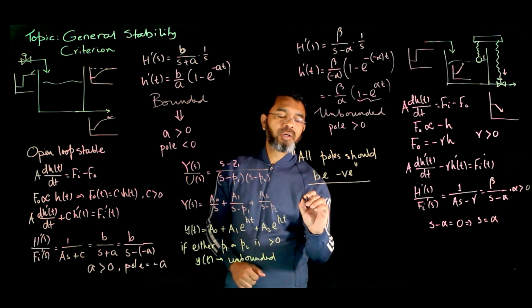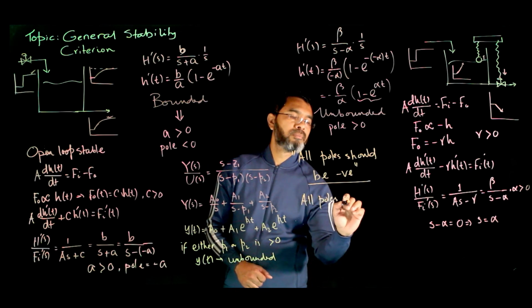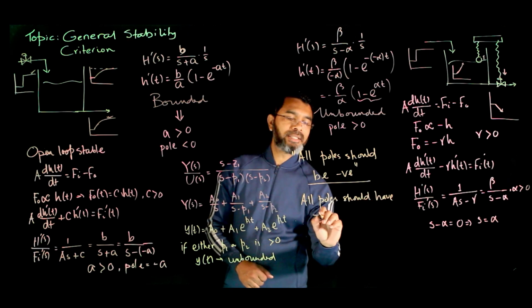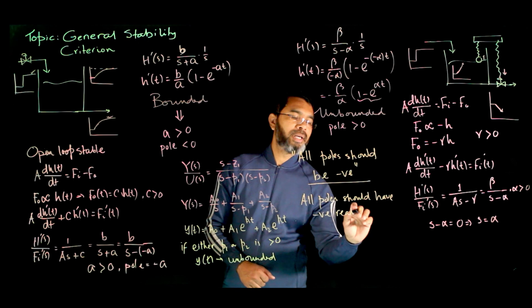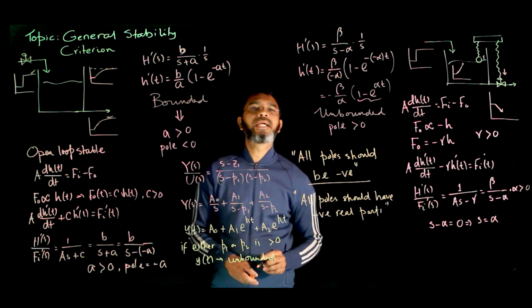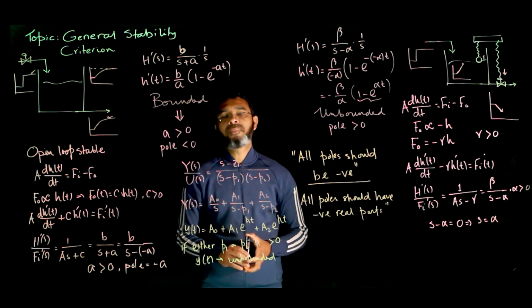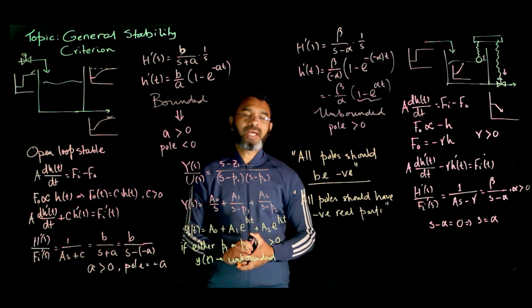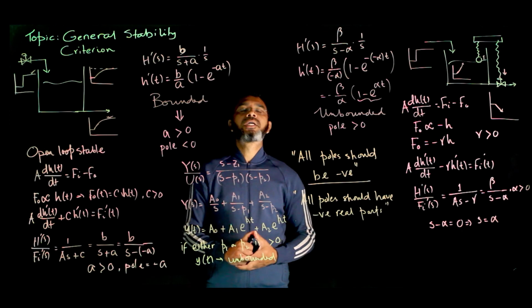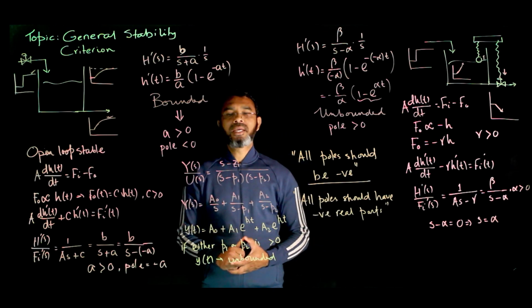So it should be that all poles should have negative real parts. So that's the criteria for stability. The poles can be imaginary, the poles can be real; irrespective of whether they are real or imaginary, the real part should be negative for all the poles for a system to be stable.